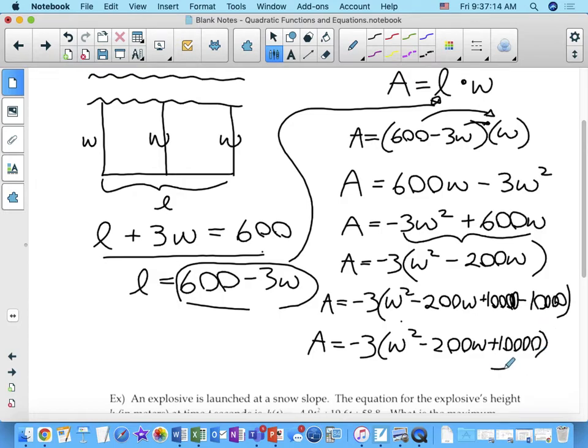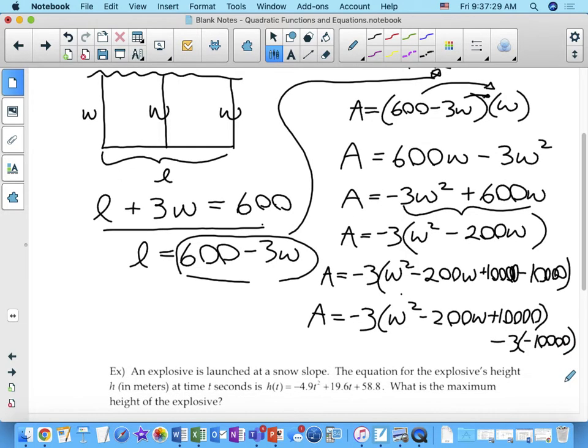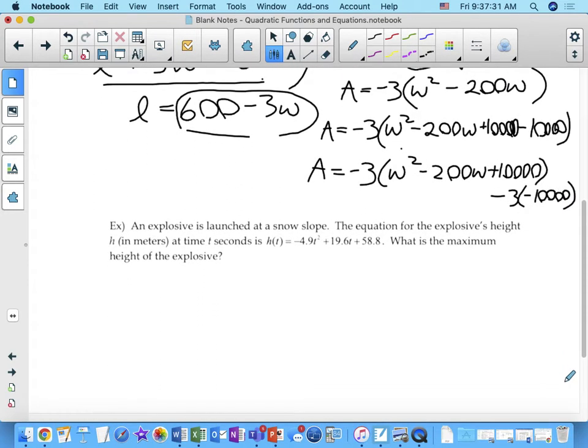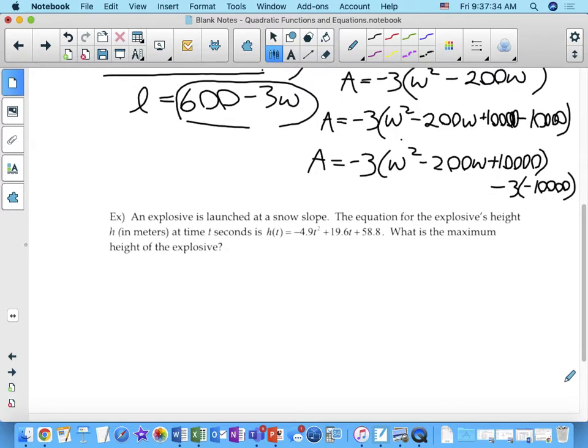So minus 3 times negative 10,000. Okay, so my function in vertex form is A equals negative 3 times this becomes W minus 100 squared, and then plus 30,000.